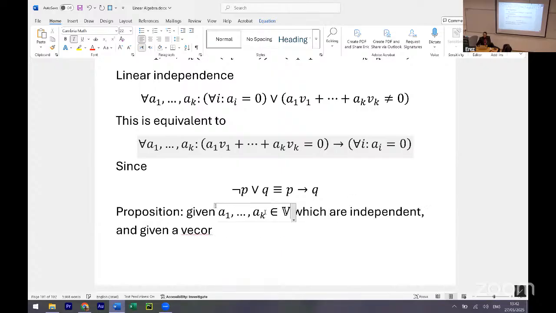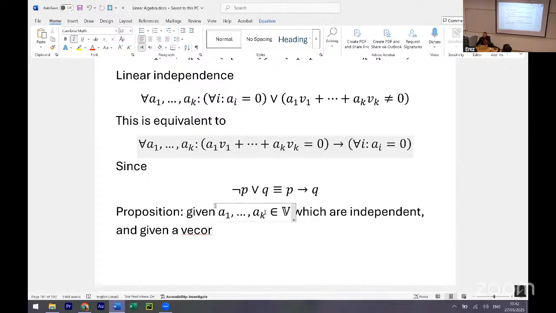I'm talking about vectors. Up until now, when I wrote A1 to AK, I usually meant scalars. In the next proof, we'll have a set A and a set B, and it's so easy to call the vectors A and B. So A1 to AK here are vectors, not scalars, and if I use scalars, I will use C1 to CK.